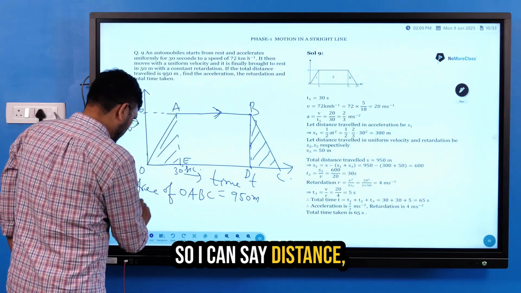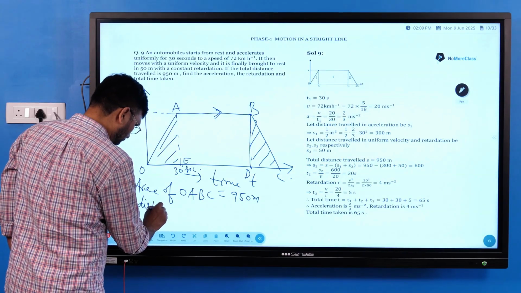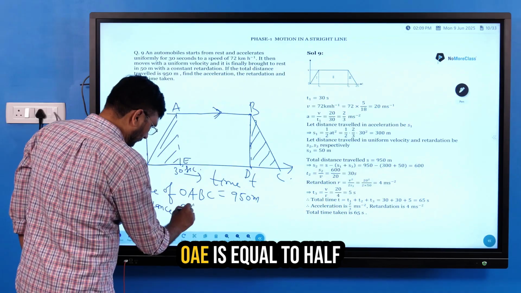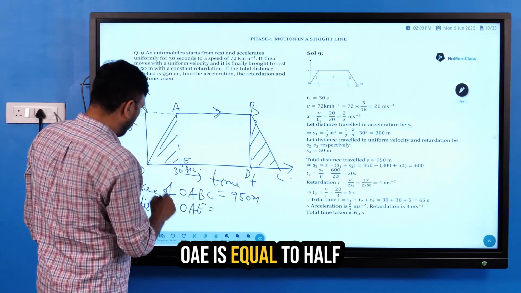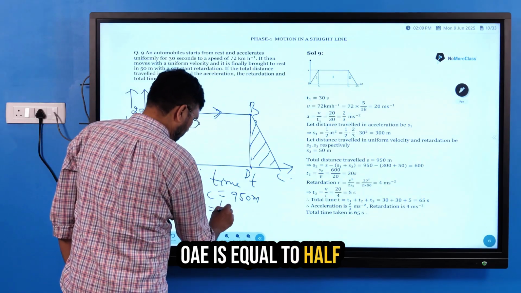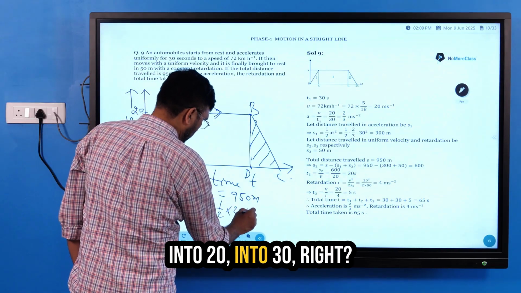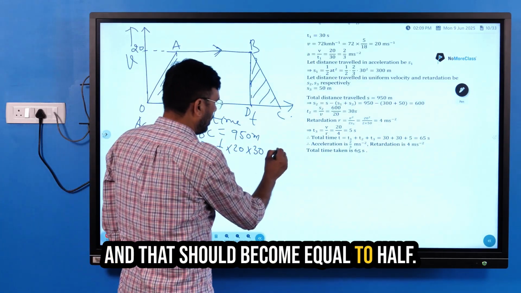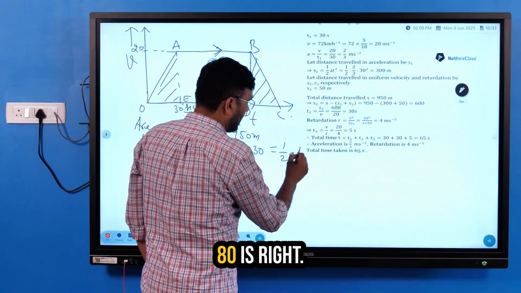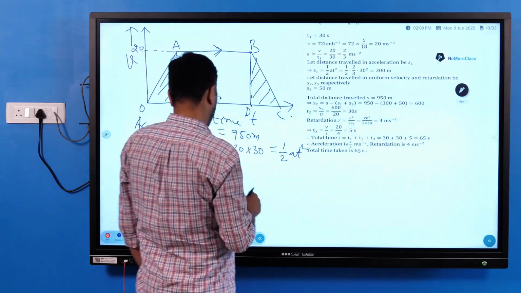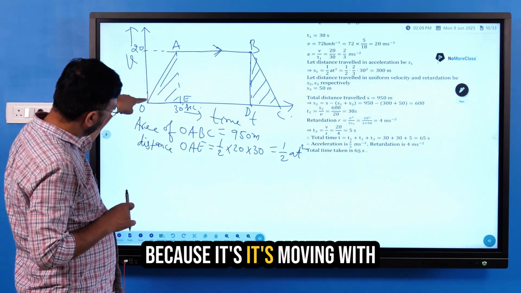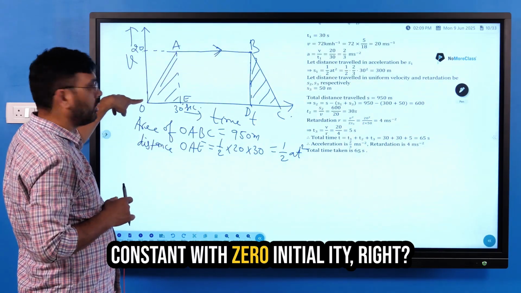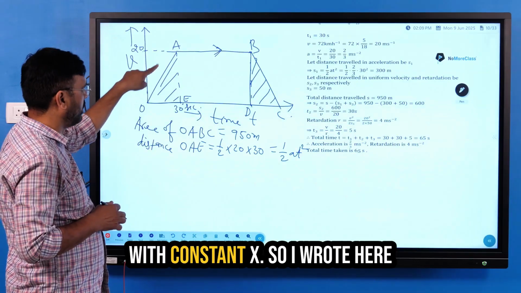So I can say the distance OAE is equal to half into 20 into 30, and that should be equal to half A T square, because it is moving with zero initial velocity with constant acceleration.